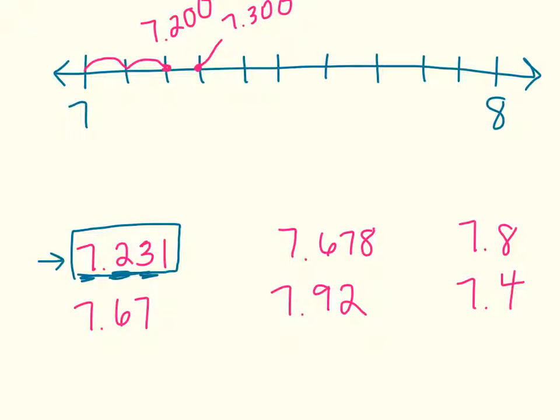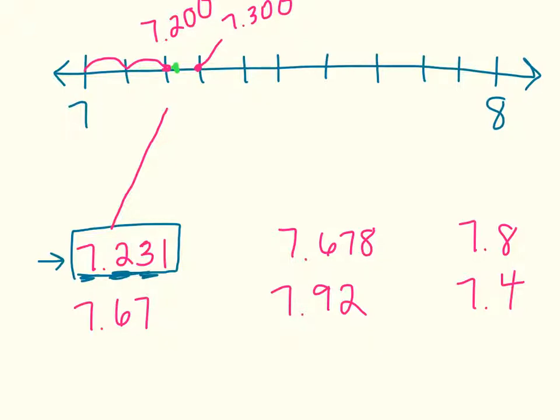So the beauty of number lines is I can never be 100% exact, or I'd have to get really, really detailed with my drawings. So I know that when I go to plot this, I'm going to be a lot closer to the 7 and 20 hundredths than I am to 7 and 30 hundredths because of rounding.